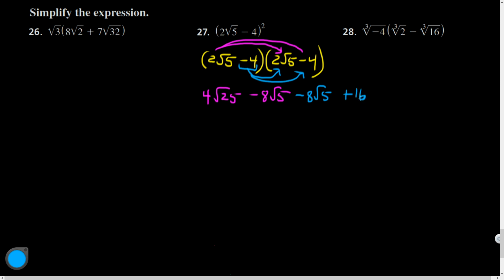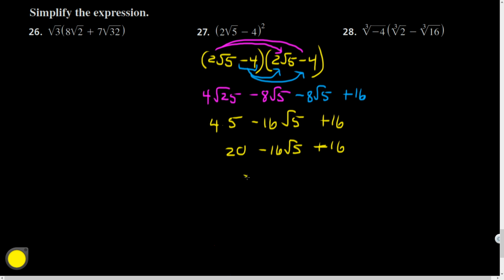So let's simplify and combine a little bit. 4 times 5. These I can combine. That's negative 16 rad 5s. I've got a plus 16 here. 4 times 5 is 20. And the 20 and the 16 can combine. Let's see that. That almost looked like a plus negative for a second.